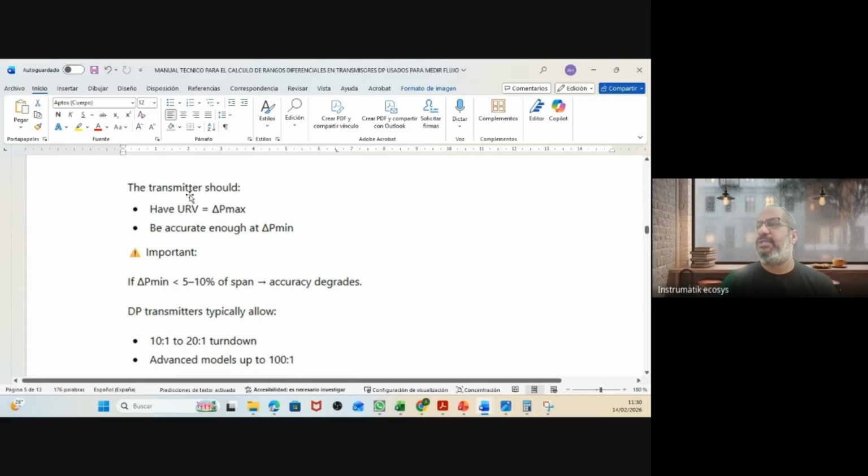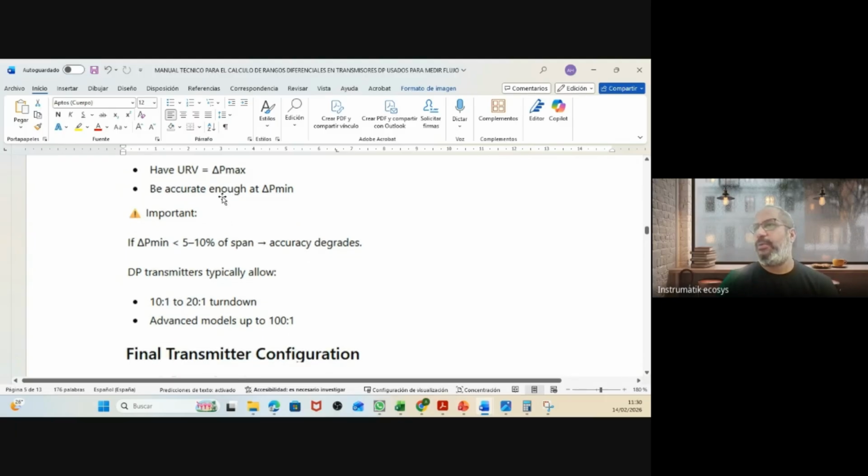Again, the transmitter should have URV equal to delta P maximum. This is a logical recommendation, and it should be accurate enough at minimum pressure. Most instruments, like differential pressure transmitters and valves, have a problem with minimum flow.